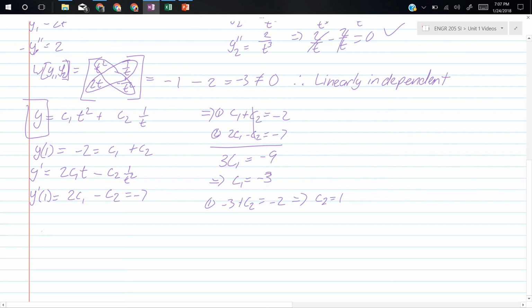So now I can plug this back into our general solution. So y would equal negative 3 for our c1 times t squared, which is our y1, plus c2, which is just 1, times our y2, which is 1 over t.